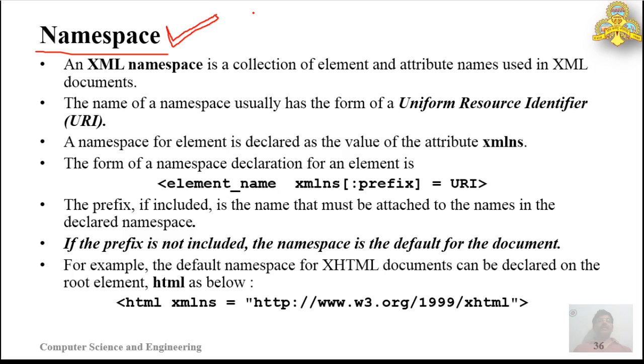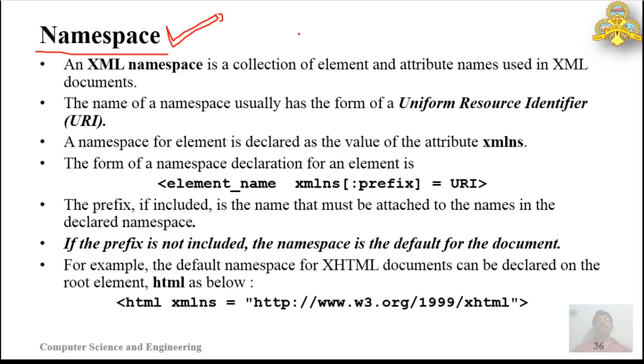In Java it is packages, whereas in C++ we use different levels of namespace mechanism. So a namespace lets us have similar types of tags with different meanings.